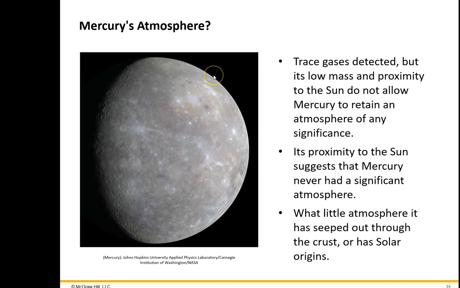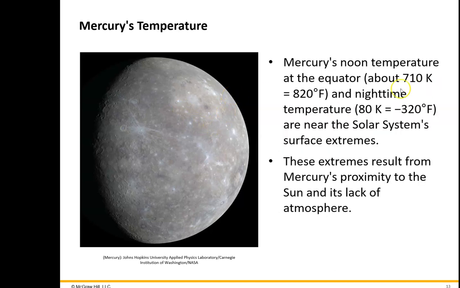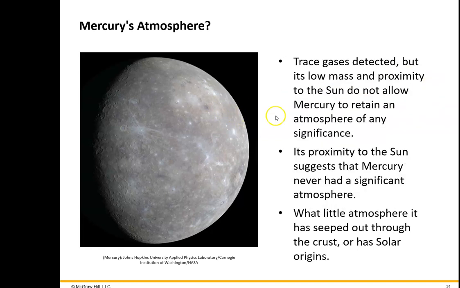Over the course of time, we just talked about the fact that the daytime temperature is 820 degrees Fahrenheit, or 710 Kelvin. What's going to happen is any gas molecules that are near Mercury would be subjected to that high temperature.